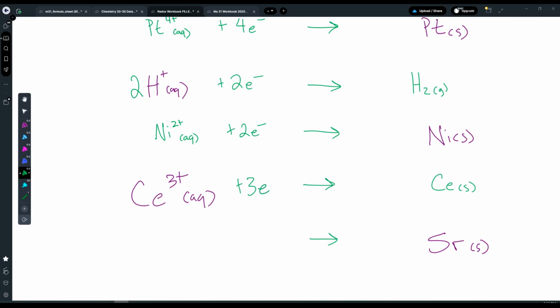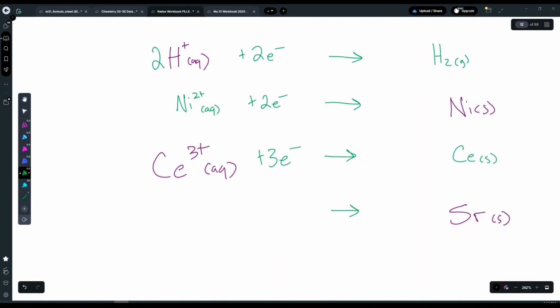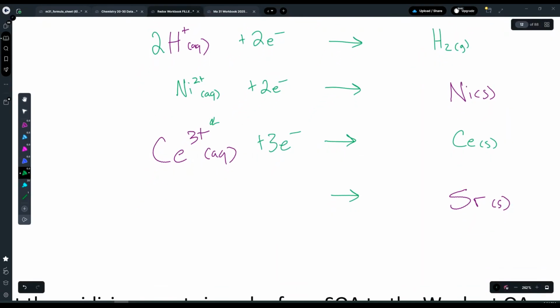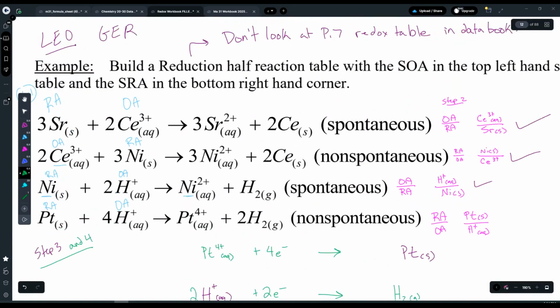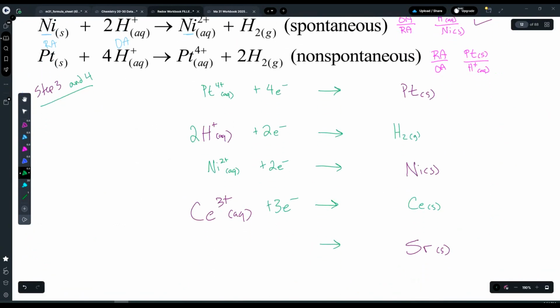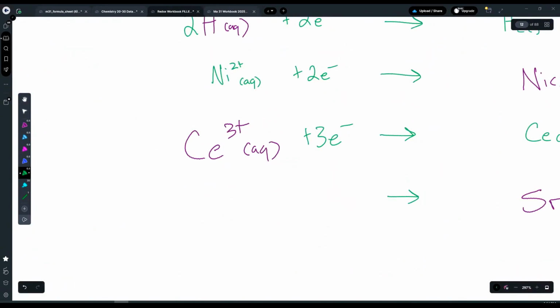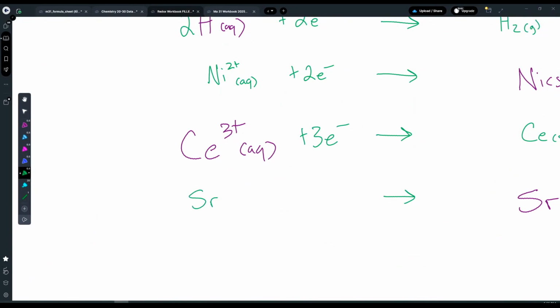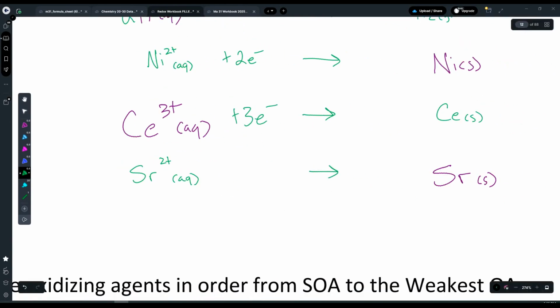How I'm going to do that is by adding 3 electrons here, because 3 plus minus 3, that's going to give us 0, and there's already a 0 charge on the product side. For strontium, we're using strontium 2 plus for the OA in that half reaction. So in order to go from 2 plus to a neutral charge, I need to gain 2 electrons.